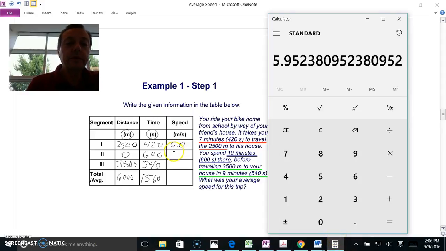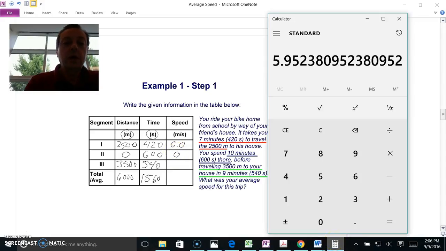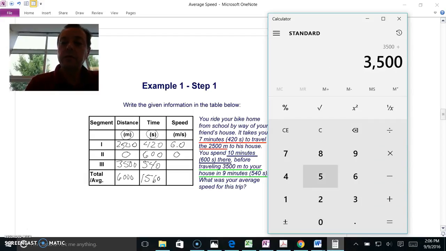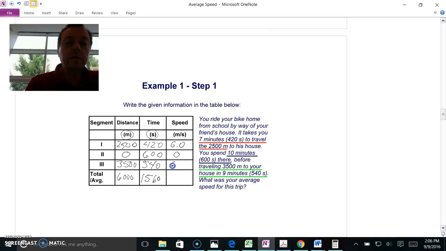Well, I hardly have to do this one. It's just going to be 0. And 3,500 divided by 540 is about 6.5 meters per second. So in the last segment, we did go a little faster.